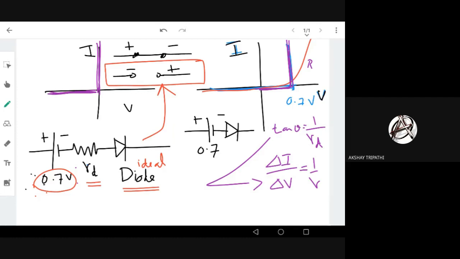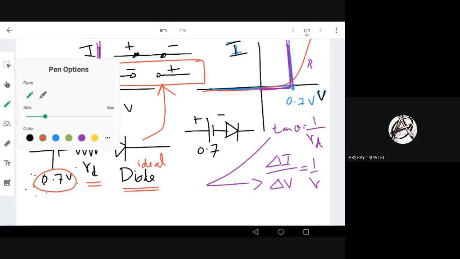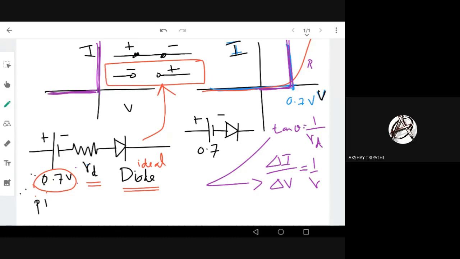So this kind of modeling is the piecewise linear equivalent circuit. It's also not perfect, but it exhibits real behavior better. This model is called the piecewise equivalent circuit model of a diode.